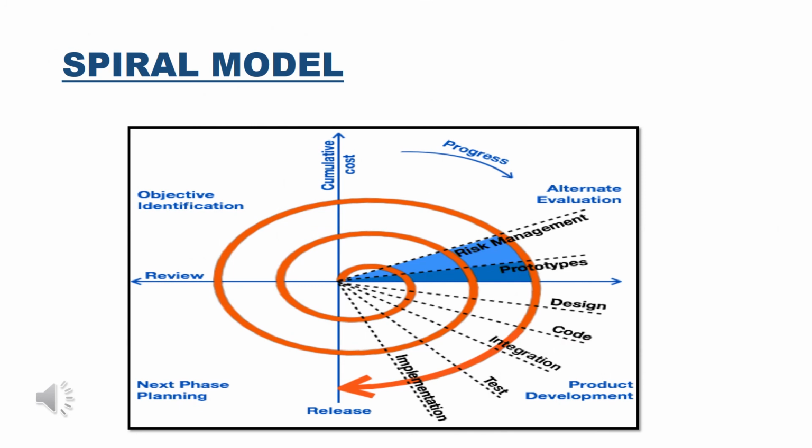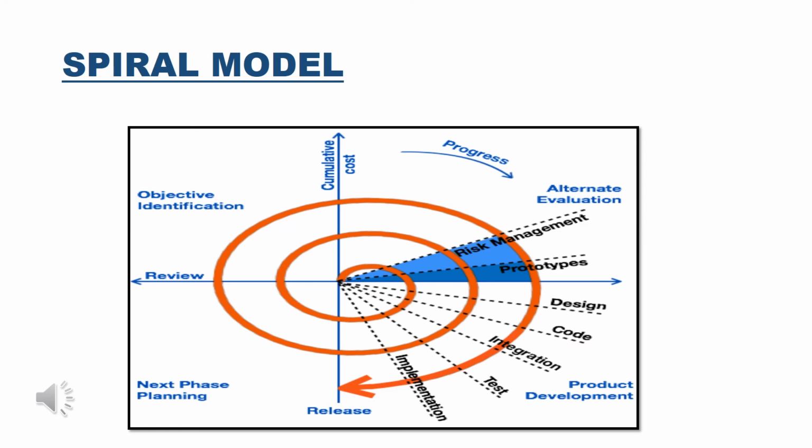So this is the diagram of the spiral model. In this, each phase is divided into sectors, or we can say quadrants. The first quadrant defines the objectives of the phase, and it also explains the risk associated with these objectives. In the second quadrant, a detailed analysis is carried out to identify all the risk that is related to the project, and various steps are taken to reduce these risks.